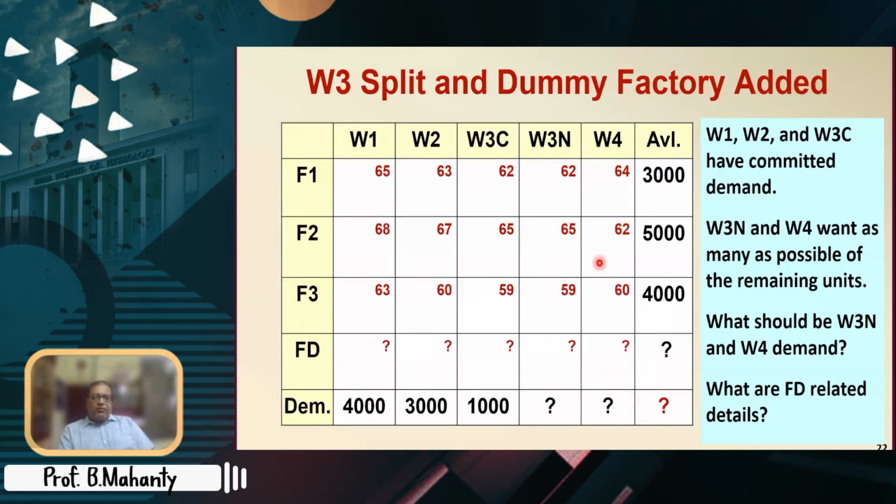The problem will decide how these remaining 4,000 units are divided between W3N and W4.